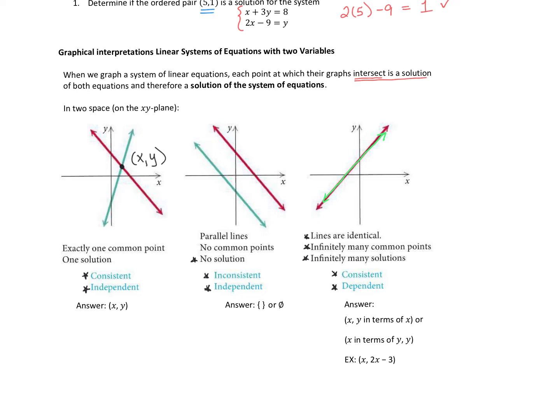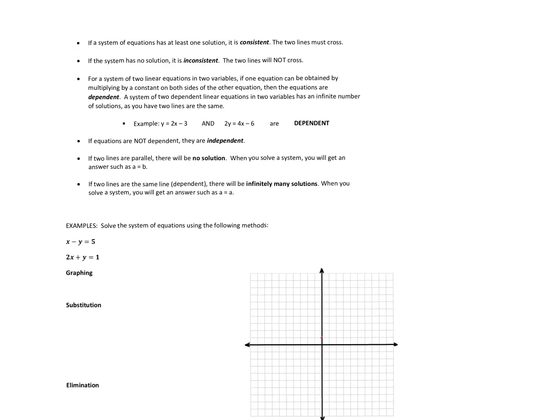So when we do that, we can give the answer as an ordered pair, and the ordered pair is either going to be in terms of x or y. I'll give you an example of one of those in just a moment. So just as a recap here, if we have at least one solution, we're going to call the system consistent. And if we have no solution, then we have an inconsistent system.